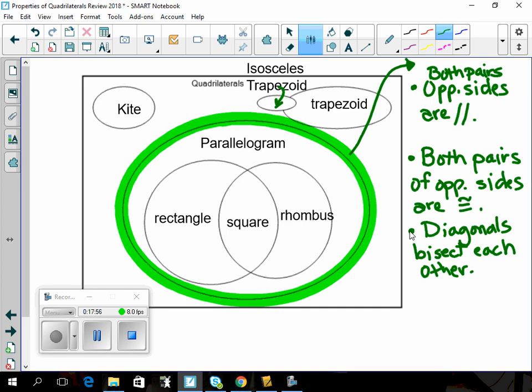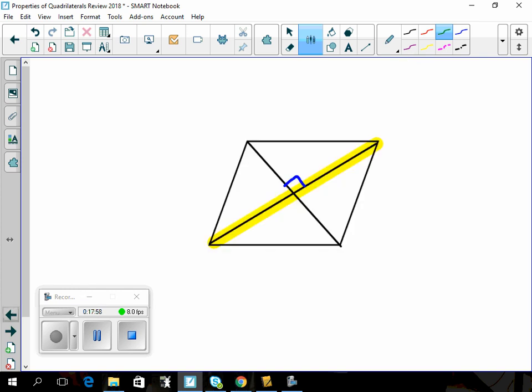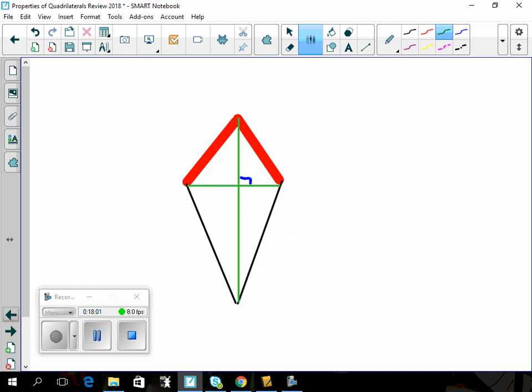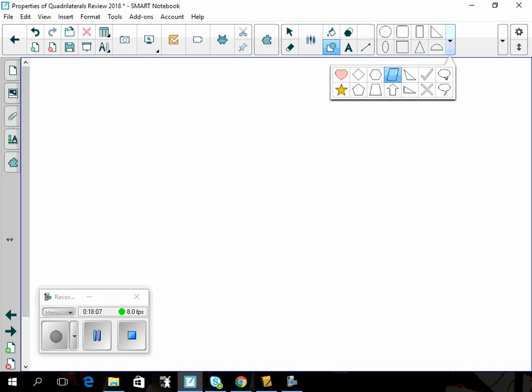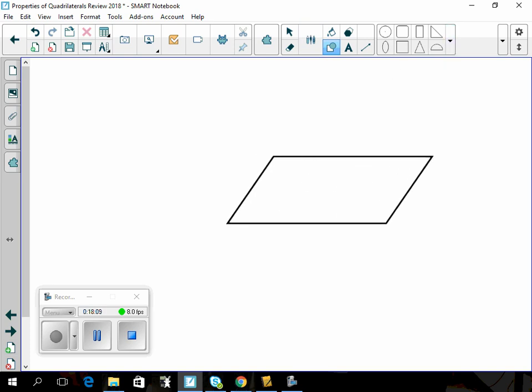Good. I like that, Gunny. Exactly. You can cut it in half. So when I look at just a general, let's just draw one. A general parallelogram. Do you agree that that's not a rhombus? Just a regular old parallelogram, right?